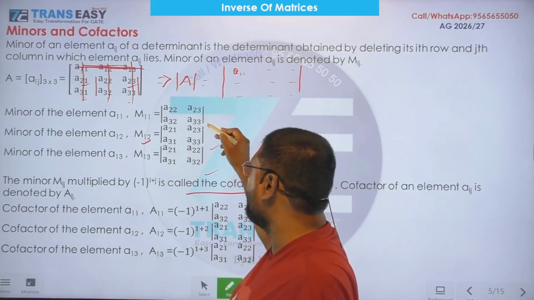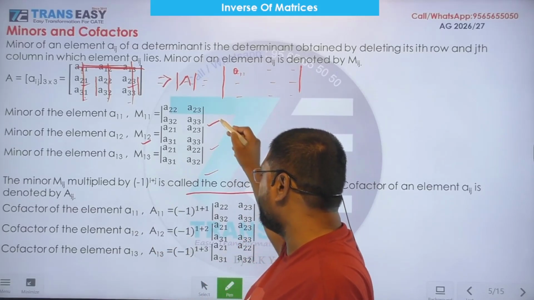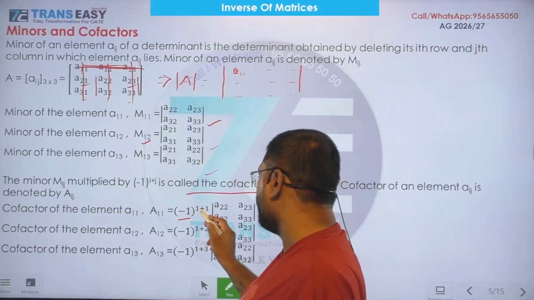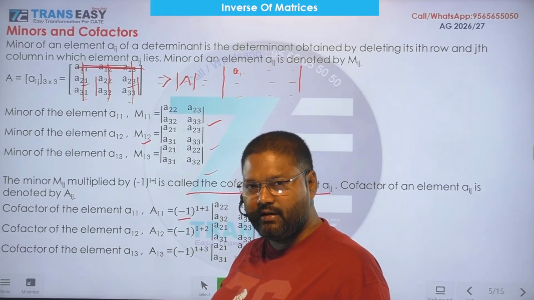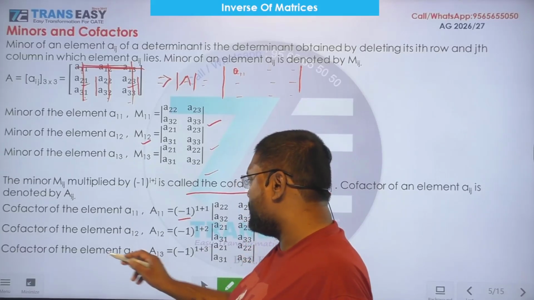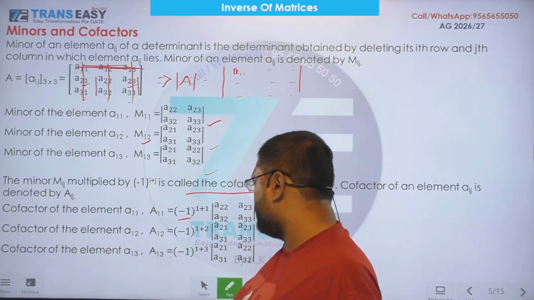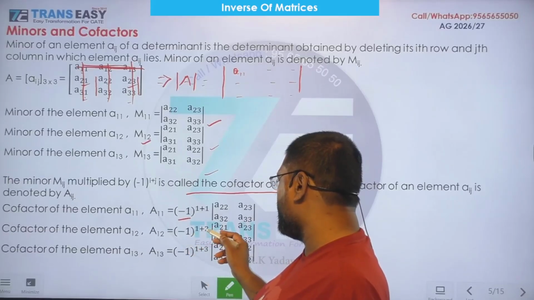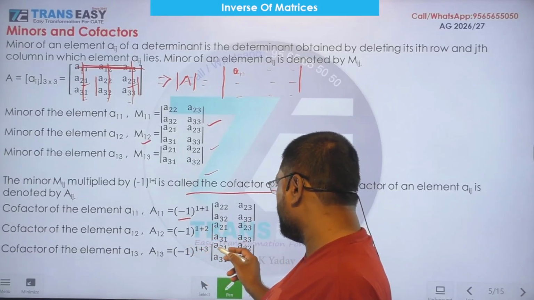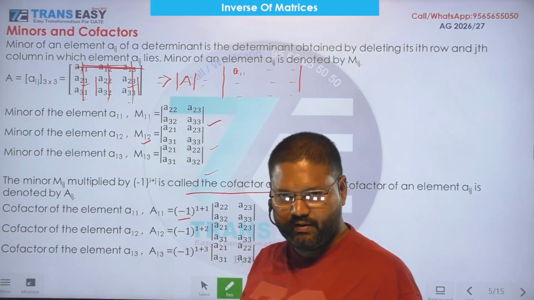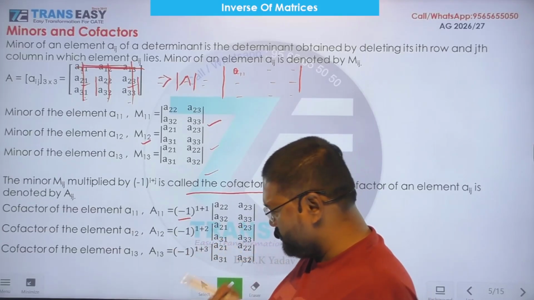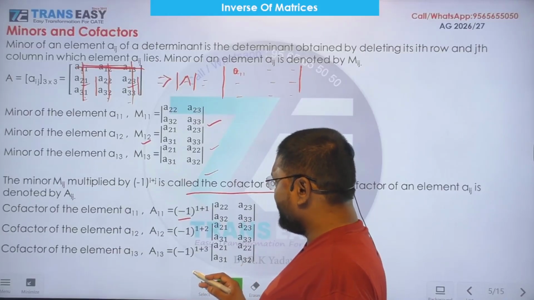So this is M11, and it is multiplied by -1 raised to the power 1 plus 1. So this is the cofactor of the element A11. Cofactor of element A12 is -1 raised to the power 1 plus 2, right, into M12, the minor of this element A12, right?